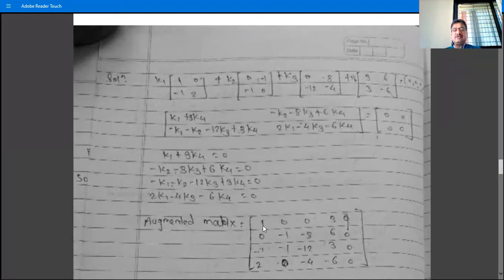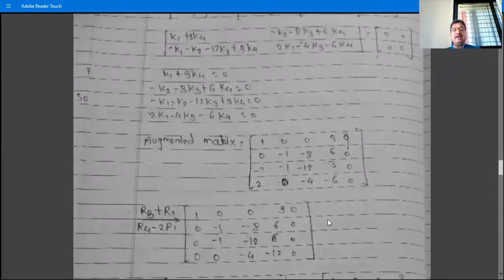Just form the augmented matrix, reduce the matrix to echelon form, and write the rank of A and rank of AB. If both are equal, the system is consistent; if not equal, the system is inconsistent. If the system is consistent, then rewrite the equations and find the values of K1, K2, K3, K4, the unknowns.